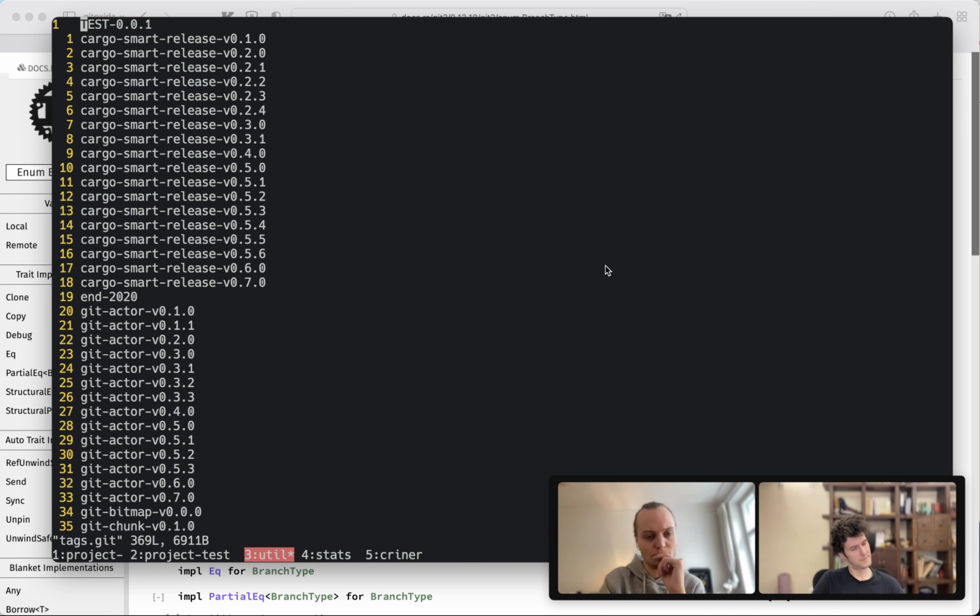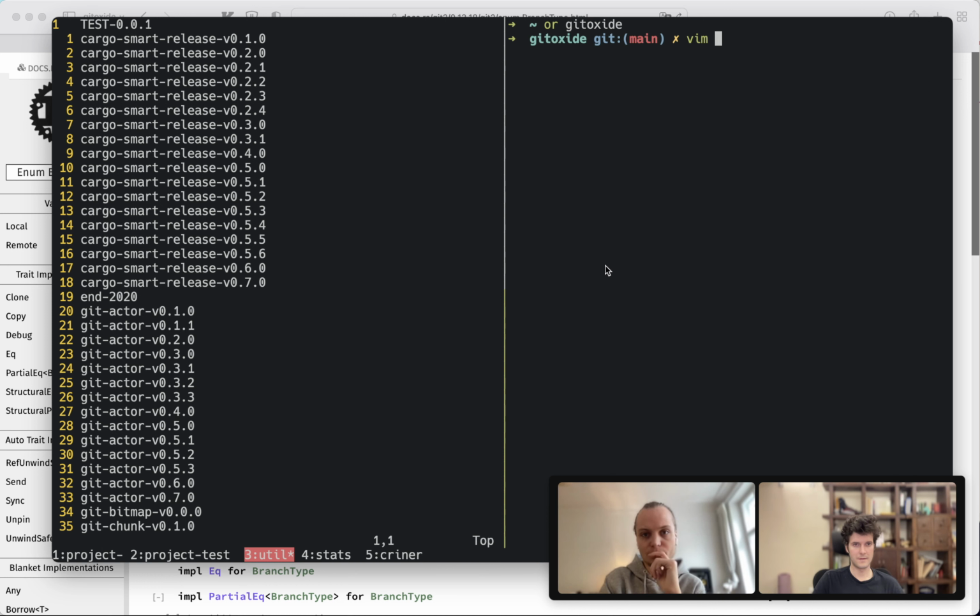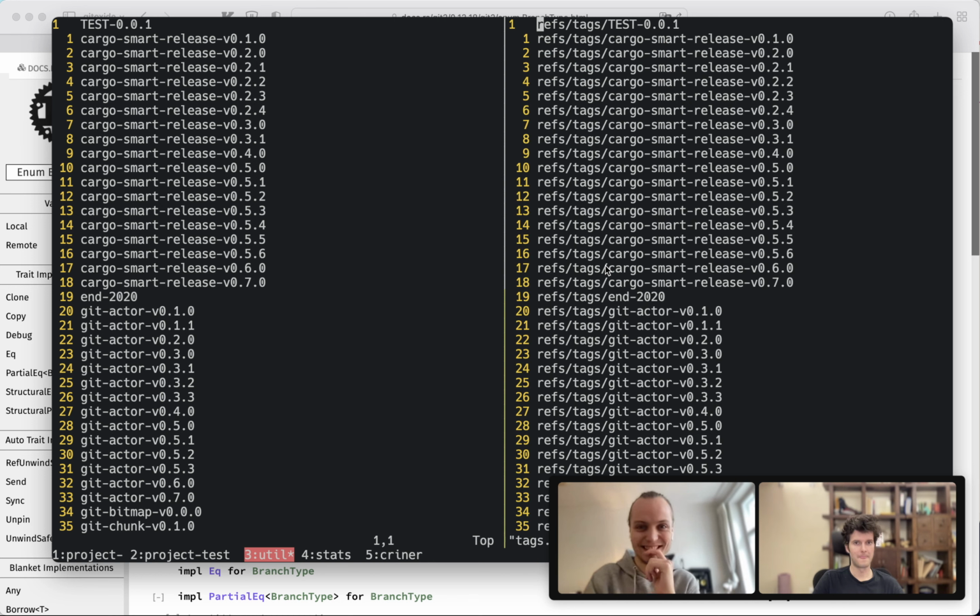So that doesn't look too bad. Which one is which? I think you had Gitoxide on the left one. Okay, good. Otherwise, we will come to the conclusion they're all the same and are just more confused than before.